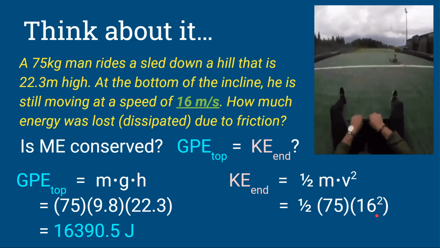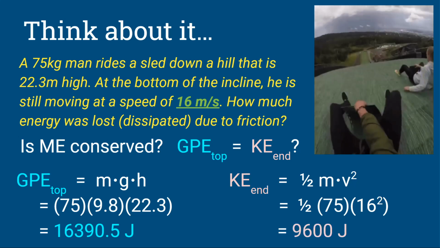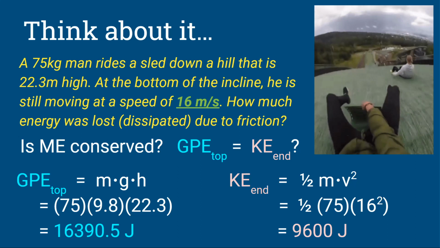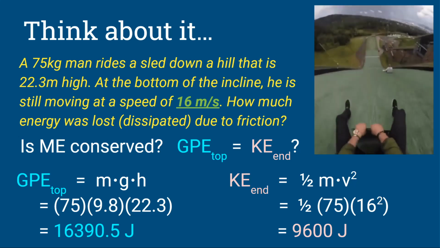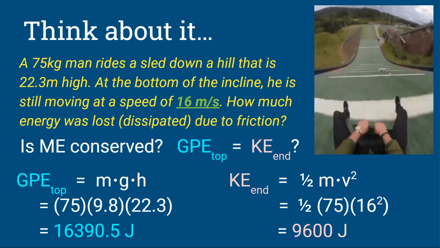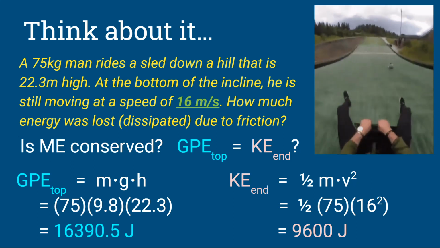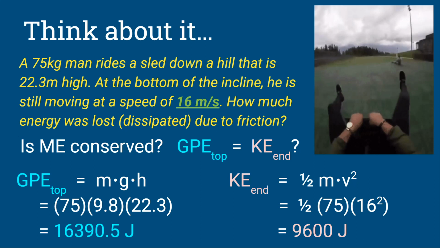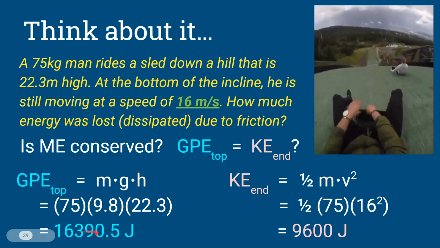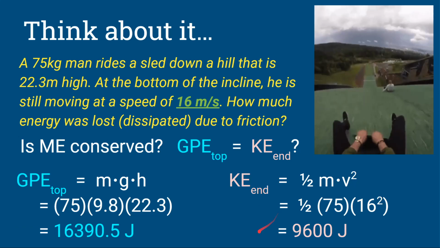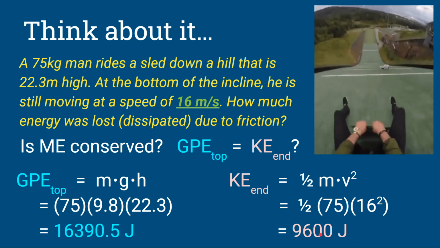One half of 75 times 16 squared is only 9,600 joules. So obviously, mechanical energy is not conserved. I have lost some. If I asked you how much did I lose, what do I just have to do? I just have to subtract, because clearly I started out with a little 16,400-ish, and now I only have 9,600. Figure out how much you lost, subtract.